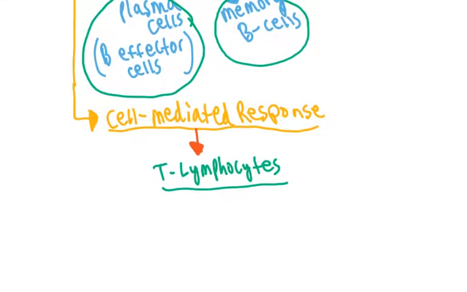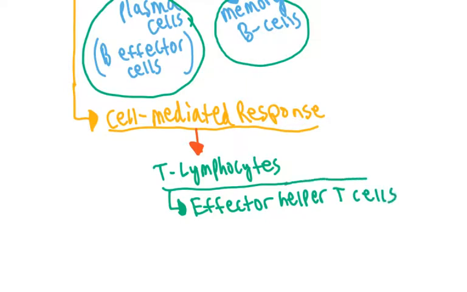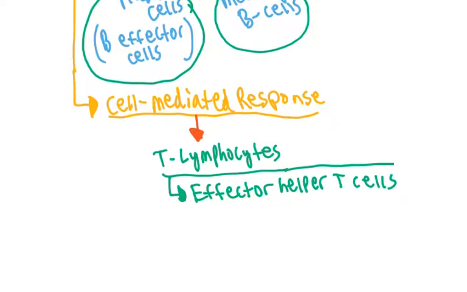Some types of T lymphocytes that we should know are our effector helper T cells. Just like we had B effector lymphocytes, we have helper T effector cells. Another type of T lymphocyte we should know is our memory T helper cells.